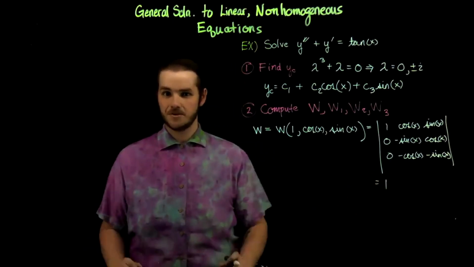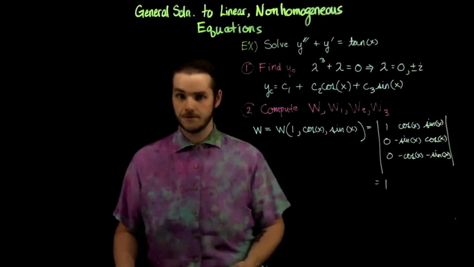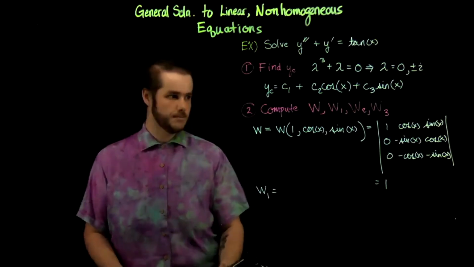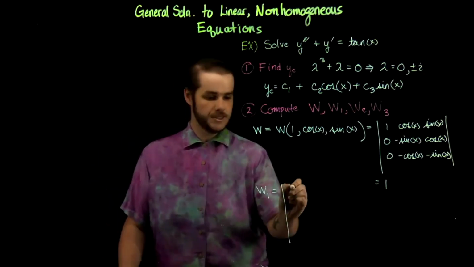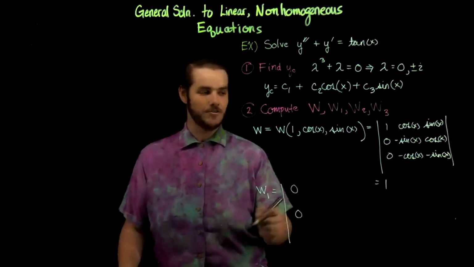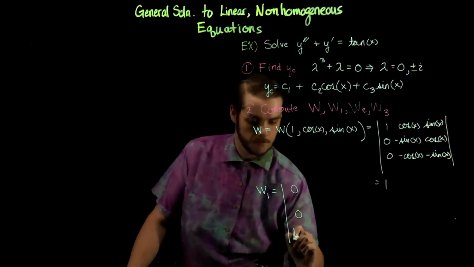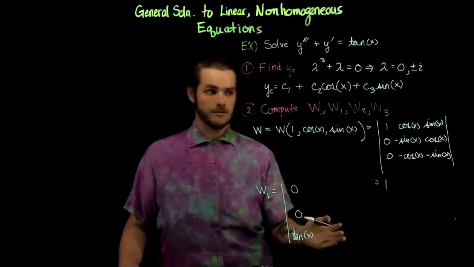Now, we didn't explicitly write the formulas out in the previous video for higher order W's, so let's do the first one together. The only thing I change when computing W1 is I'm going to totally cancel out the first row with zeros, except in the very last spot, I'm going to plug in my right-hand side, which is tangent. I leave everything else the same, though.